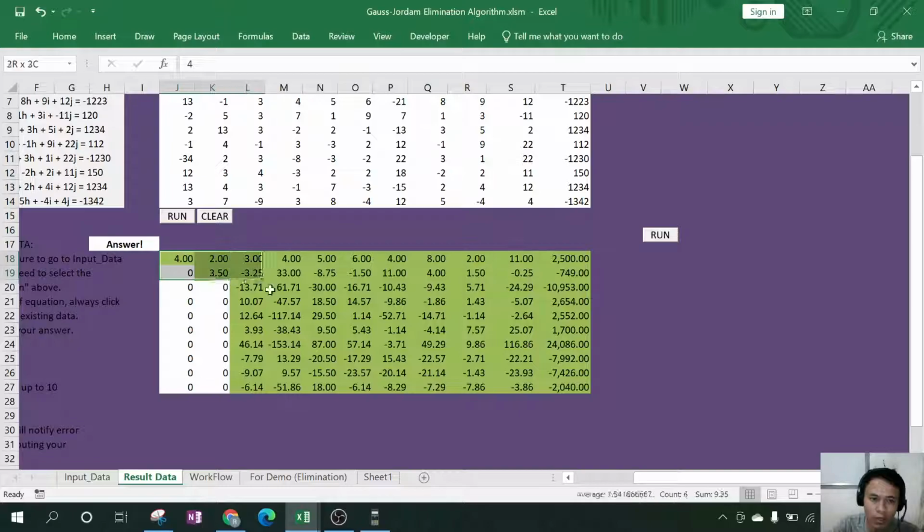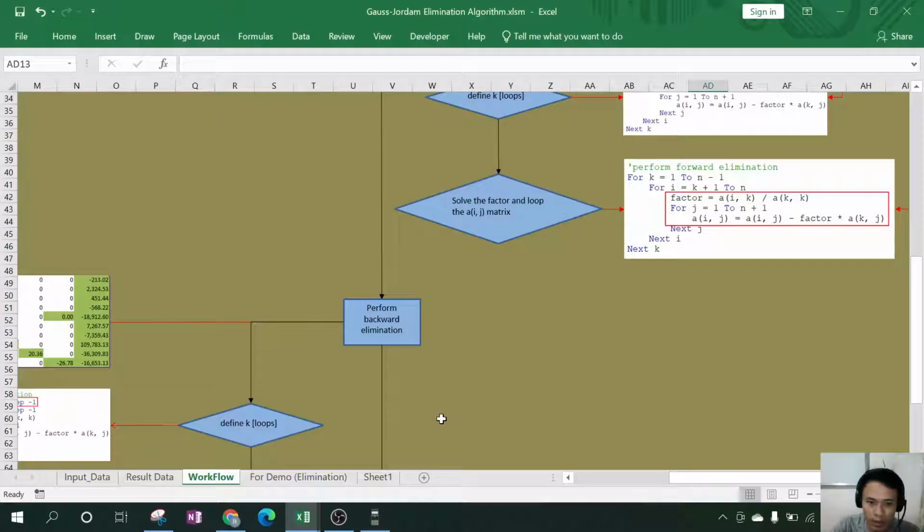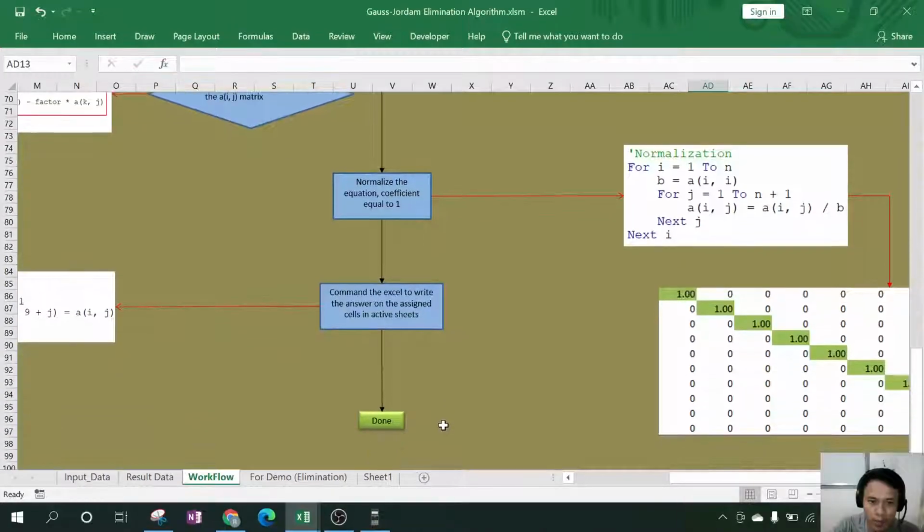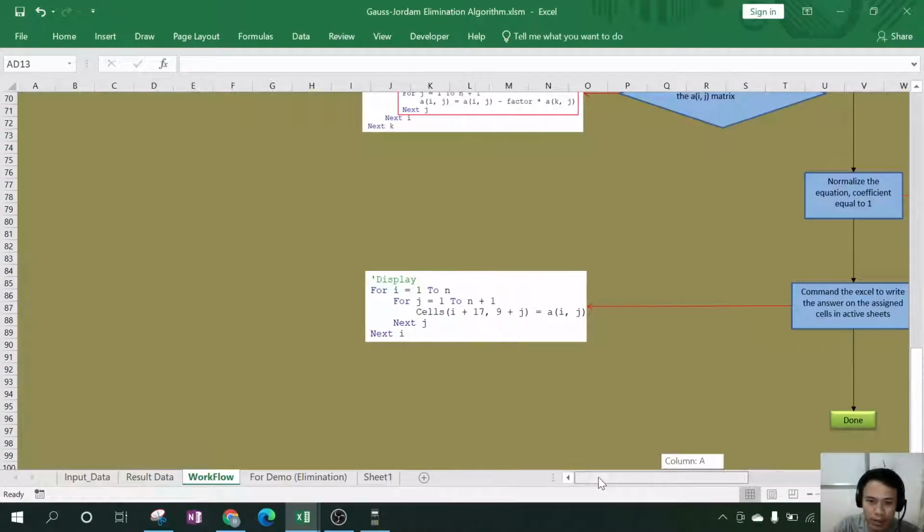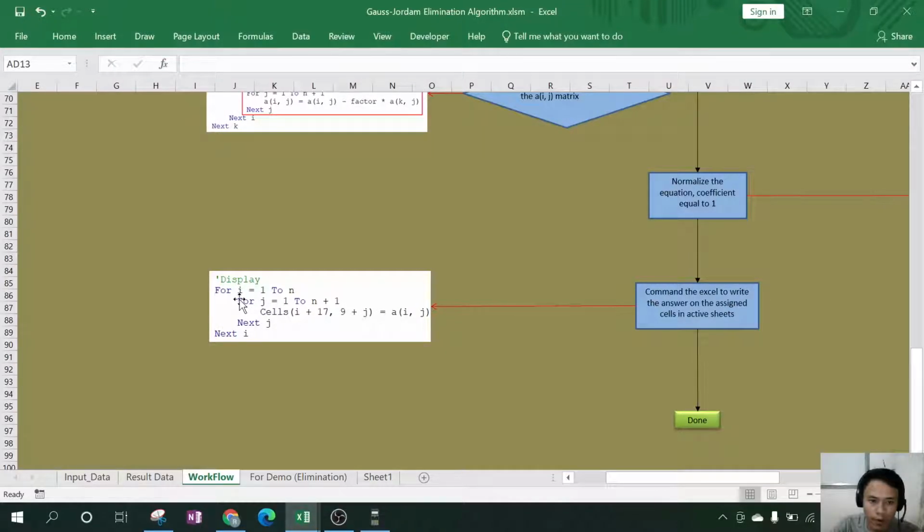I need to make a code to input the result here. So I have done it here, the display command. So for I is 1 to n, so from 1 to 10. For J, 1 to 11. So the result will go in this one.